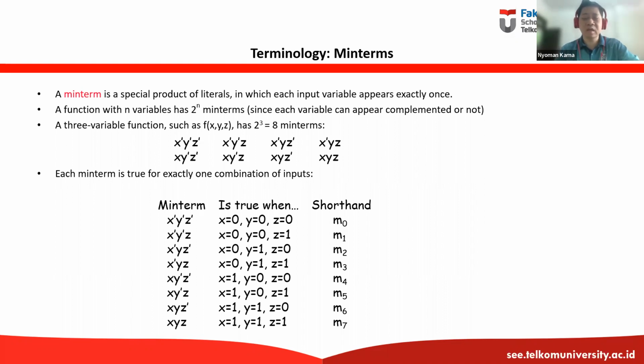And then 0, 1, 0 will become min term 2. 0, 1, 1, the output will become min term 3. 1, 0, 0, min term 4. 1, 0, 1, min term 5. 1, 1, 0, min term 6. And the last one is, if the input is in combination 1, 1, 1, then the output will become min term 7. Okay.